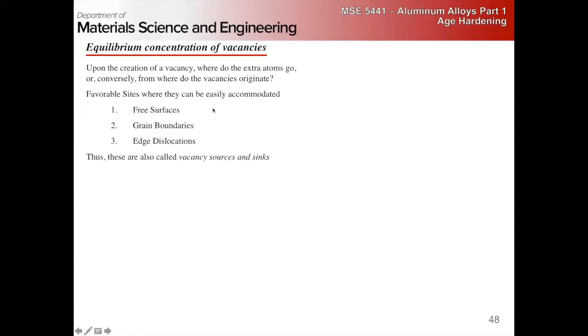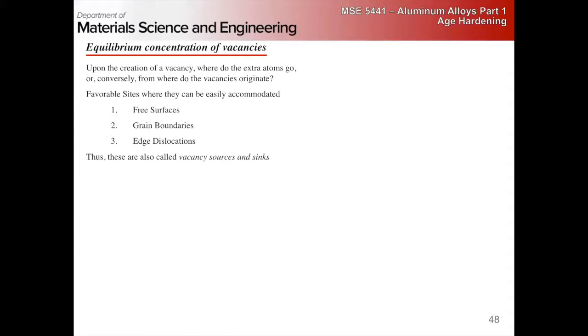But where can we make a vacancy pretty easily? Any of our planar defects. A surface. We have a surface of a perfect crystal. We have a surface of atoms. One atom can hop essentially up and leave a hole, a vacancy, which then can diffuse down into our sample, moving our free surface up this way as it happens.